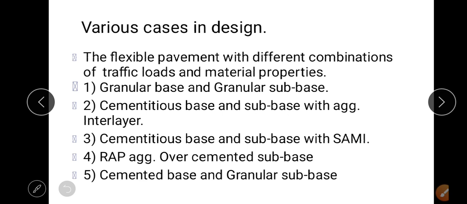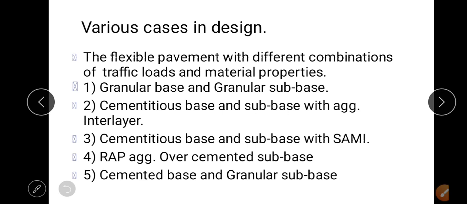Various cases in the design: the flexible pavement with different combinations of traffic loads and material properties. Granular base and subbase, cementitious base and subbase with aggregate interlayer, cementitious base and subbase with SAMI, WMM aggregate over cemented subbase, cemented base and granular subbase.